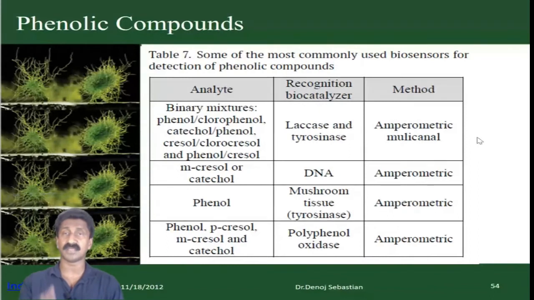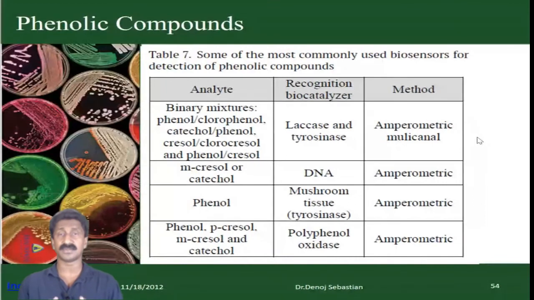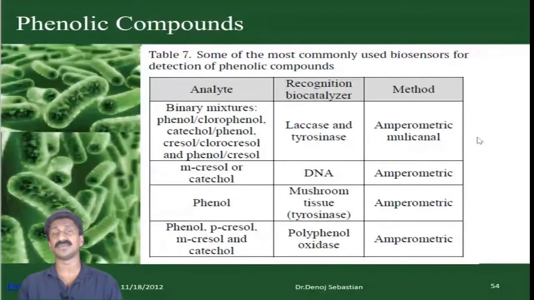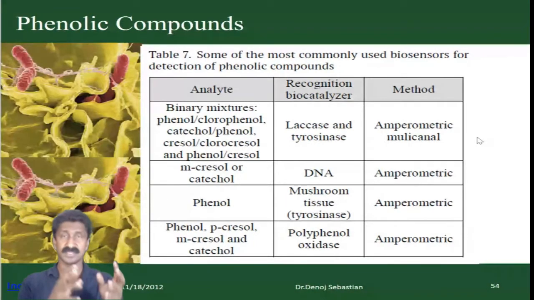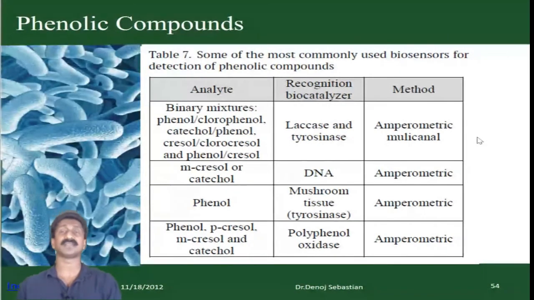All these are amperometric systems. Then mushroom tissue, which produces tyrosinase, can be used for the detection of phenol. Then oxidase can also be used. So these different detection systems are analyzed with biocatalyst combinations and the corresponding detection system is also mentioned there.